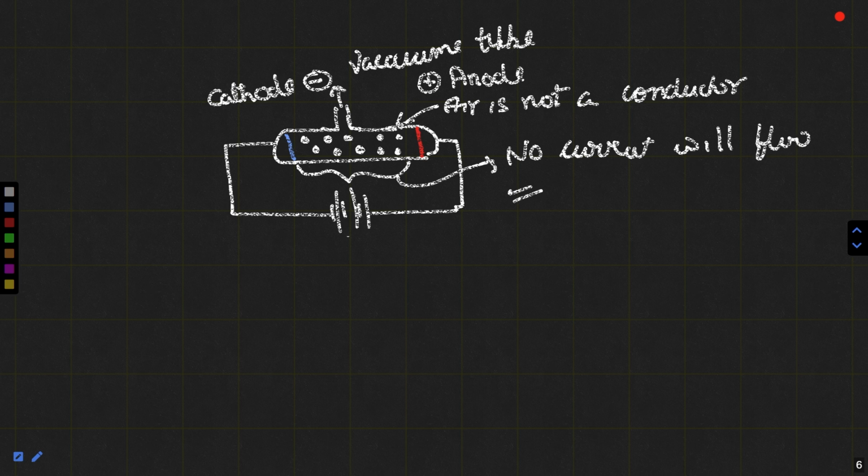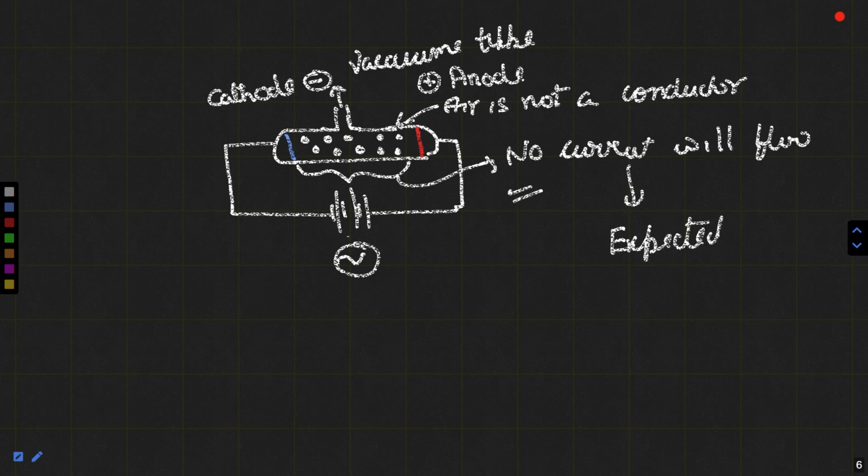And if no current will flow in this region, that means this whole circuit will have no current passing through it. We are using AC current here, so high voltage current can be applied mostly through AC. So I'm representing it with this sign. So is this clear? If you have taken a vacuum here, there will be no flow of current, right? This is the expected thing.